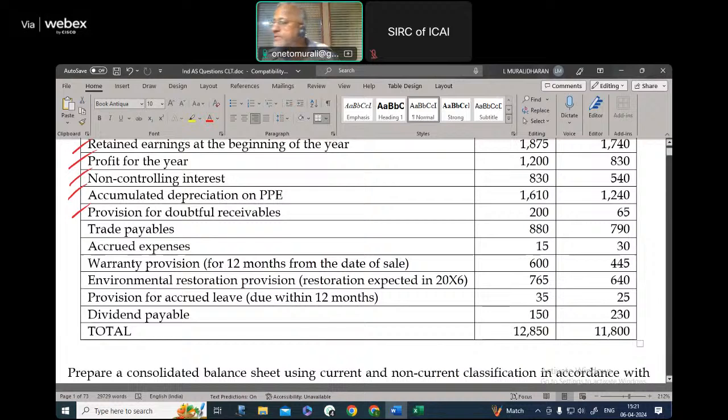And accrued expenses that we have, that also we will take it up.